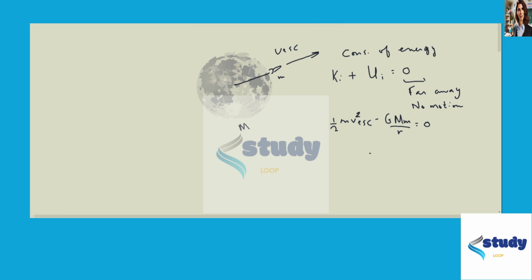And solving then for the escape speed, the small mass of the spacecraft cancels, and your escape speed is independent of that mass. Now, if you're trying to escape a body, what you put in is the radius of the body.